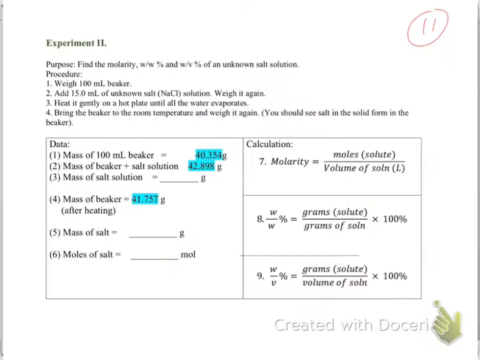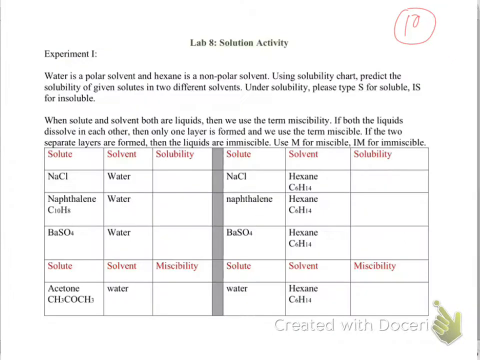So what is your experiment number 1? Again, you are not doing anything from the packets. This one, you have to do based on your solubility chart that I already explained. There is no shortcut.